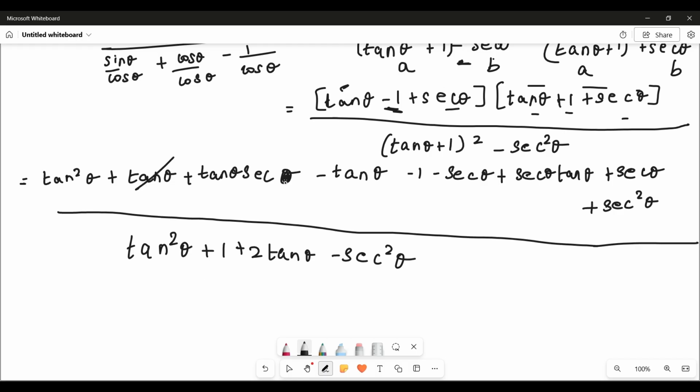Here the plus tan theta and minus tan theta get cancelled, and minus secant theta and plus secant theta get cancelled. What is left is tan square theta in the numerator, and you have a tan secant theta here and plus tan secant theta, and this becomes 2 secant theta tan theta.